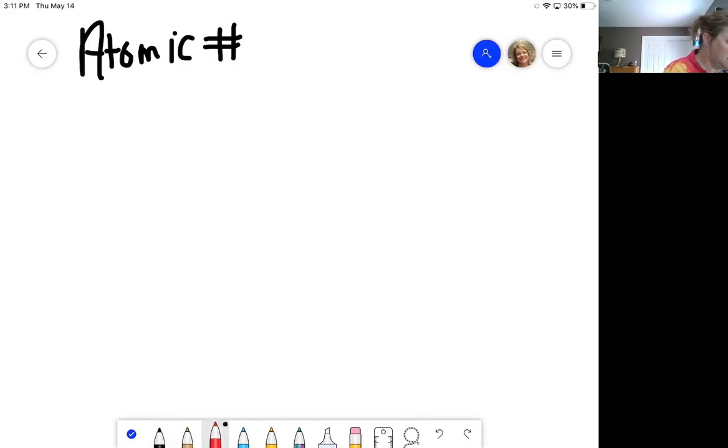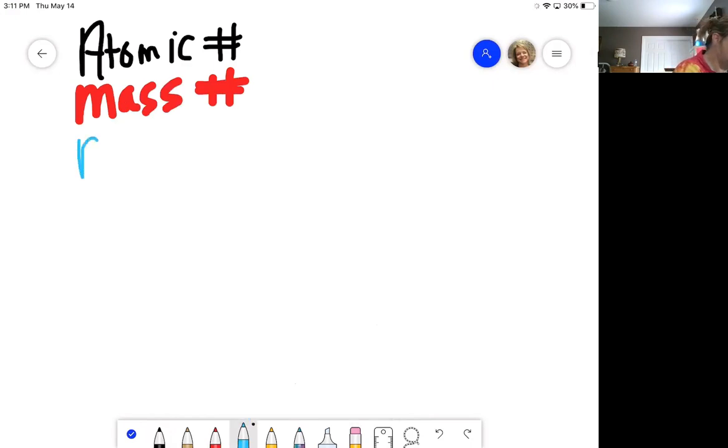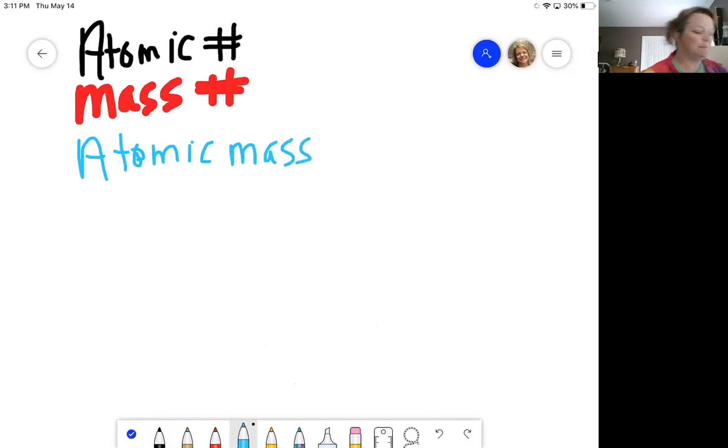So we have atomic number, mass number, and atomic mass. Those are really easy to mix up because they've got either atomic, mass, or number in them. But it's very important that you understand the difference.